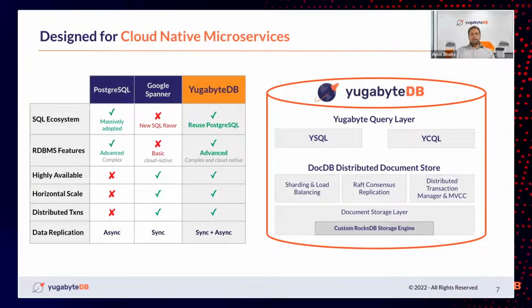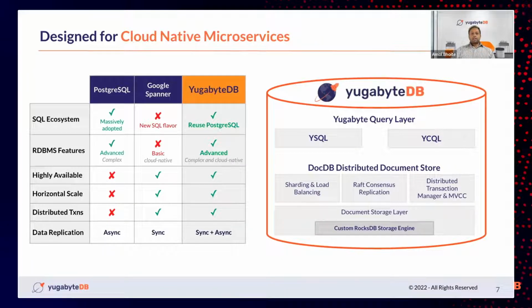On the Yugabyte architecture side, DocDB, which is Yugabyte's distributed document store, common across all APIs, is built using a custom integration of Raft replication, distributed ACID transactions, and the RocksDB storage engine. DocDB does sharding, replication, fault tolerance, and distributed ACID transactions.